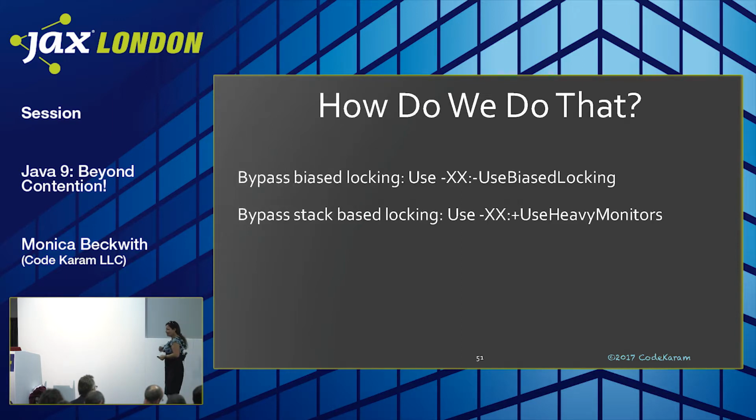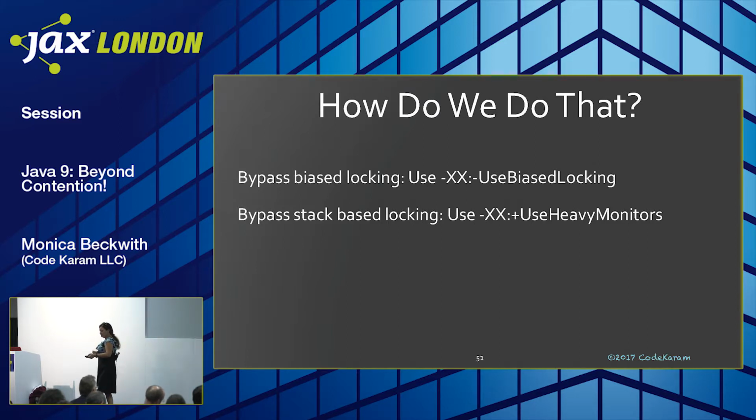So I'm going to make sure that I, A, bypass biased locking, and B, do not do stack-based locking. Basically, I want to make sure that I'm using heavy monitors. When I'm contended, I want to go directly down the slow path, the inflated path, okay?